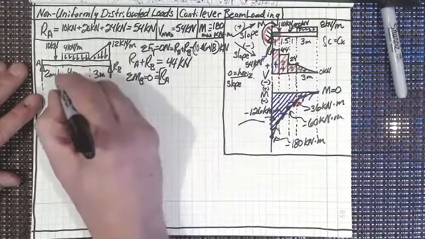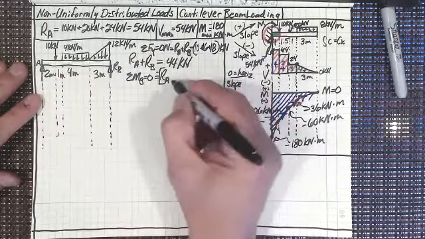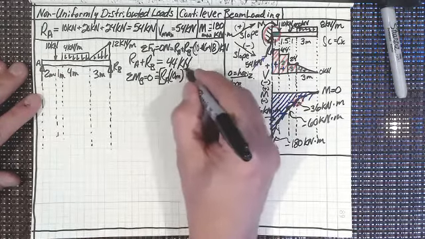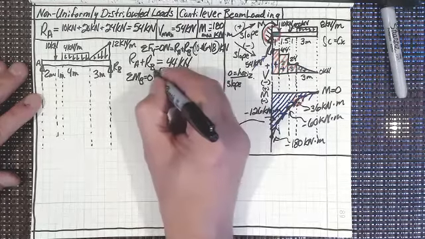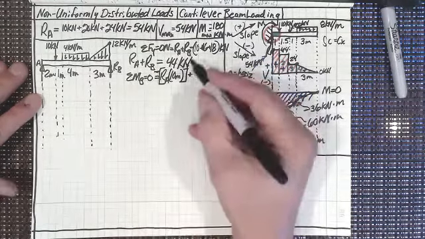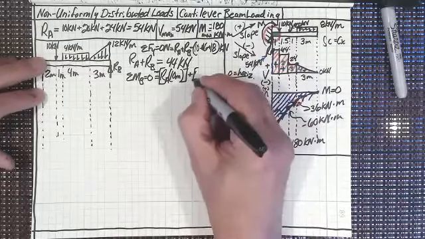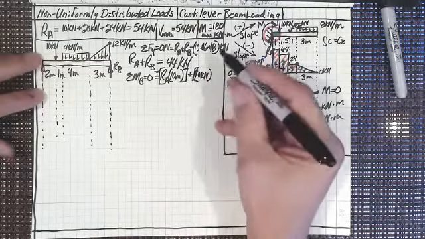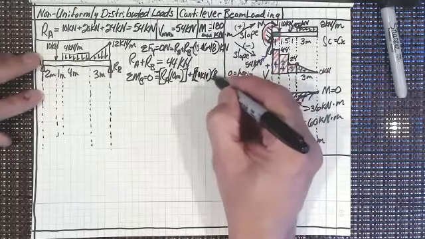Oh no, 10. I'm sorry, put that there. 10 meters. And that's a minus. And then plus 10 kilonewtons times 8 meters.